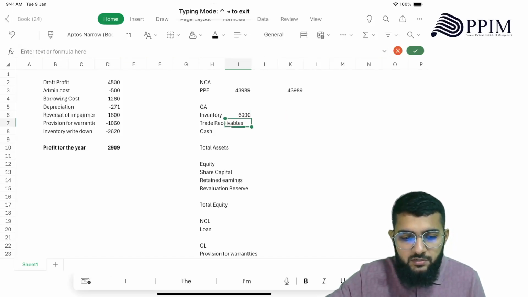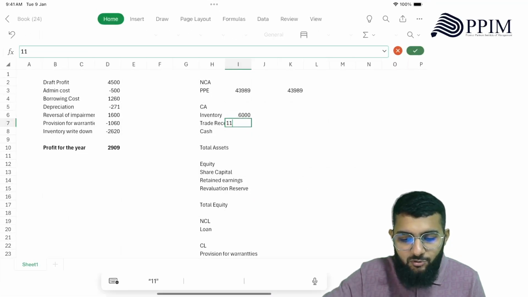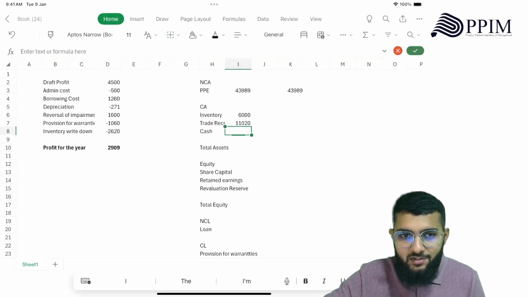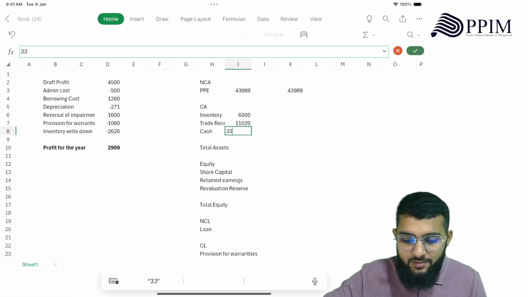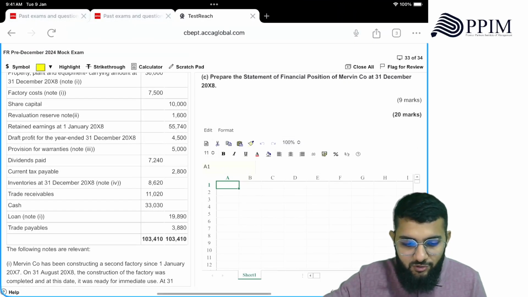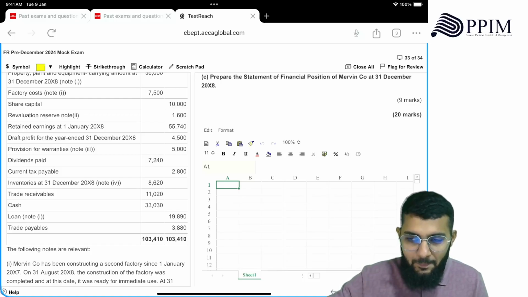Trade receivables, is there working required there? No, you can pull it. So there you're getting free, easy marks, right? It's like free marks just to pull it from there. Cash, you get another free half, both are half a mark. So 1 mark there, right? 33,030. Yeah, pulling cash half marks, pulling trade receivables half marks. 1 mark there.